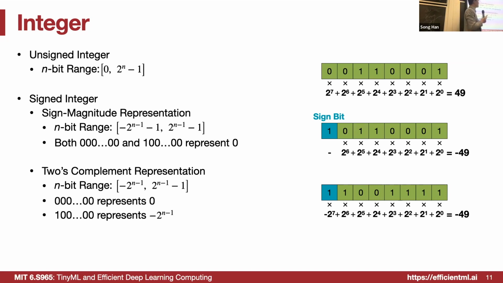The smallest number it can represent is no longer minus 2 to the power of n minus 1 plus 1, but just minus 2 to the power of n minus 1. All 0s represent 0, but 1, 0, 0 represents the smallest number, which is minus 2 to the power of n minus 1. Any questions on the integer representation? So far, so good?